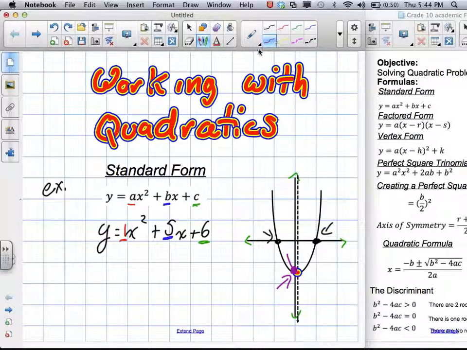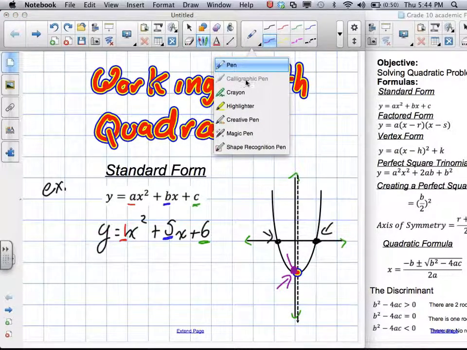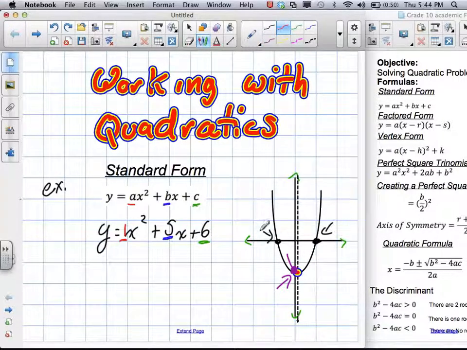Now in standard form, we can find one of these numbers easily. Okay? And it turns out the number we can find easily is actually our y-intercept. The reason we can find the y-intercept really easily is because to find a y-intercept, that's when our x value is 0.